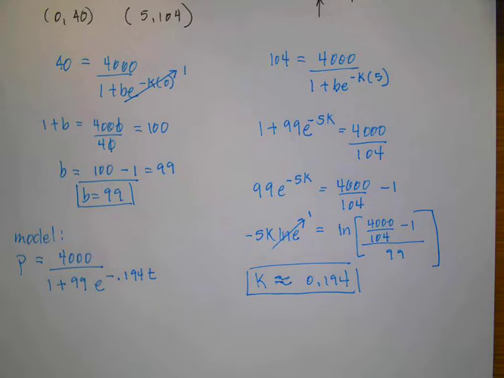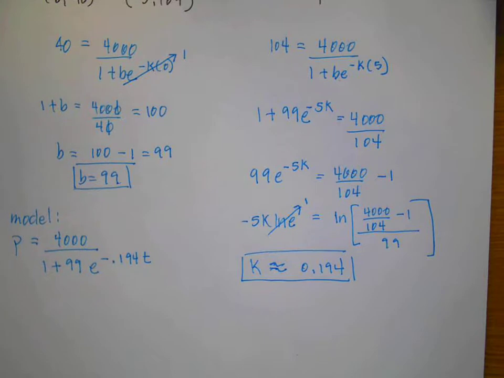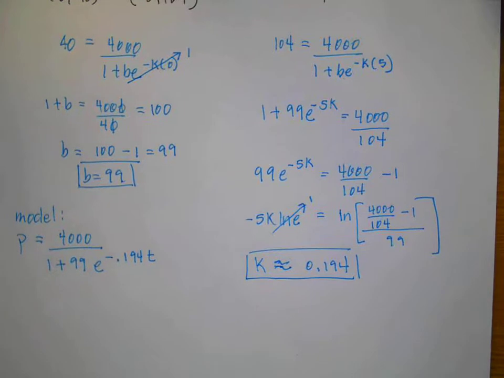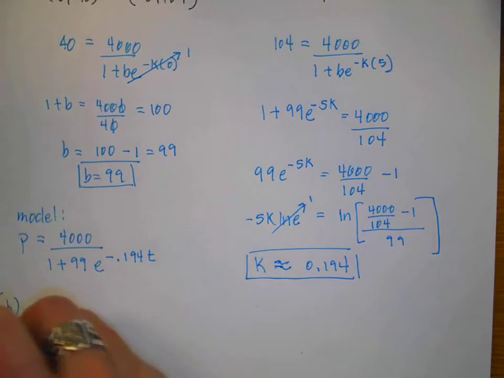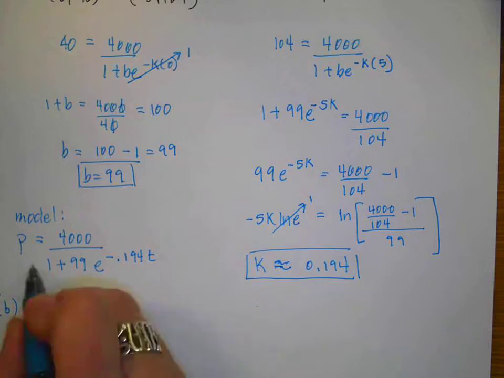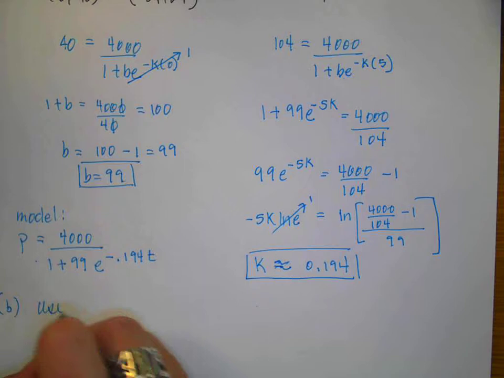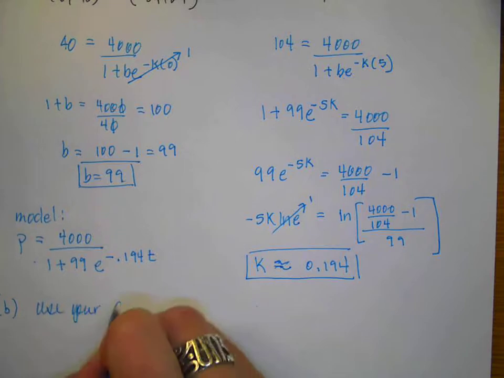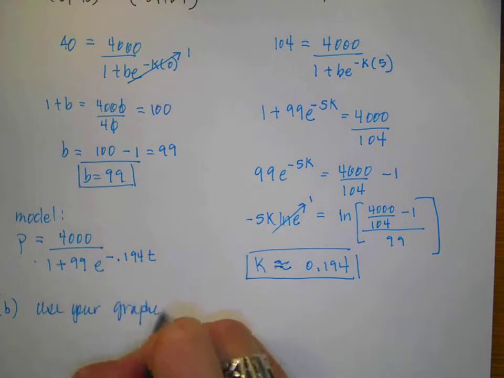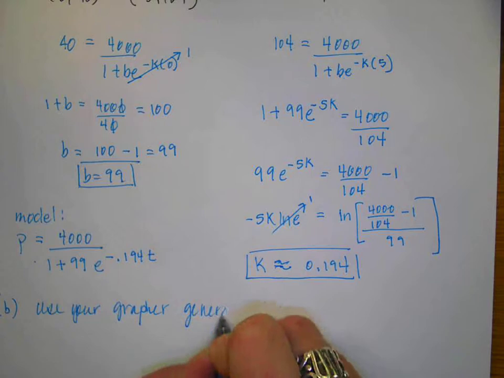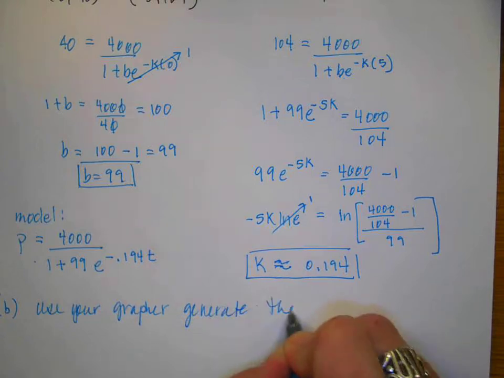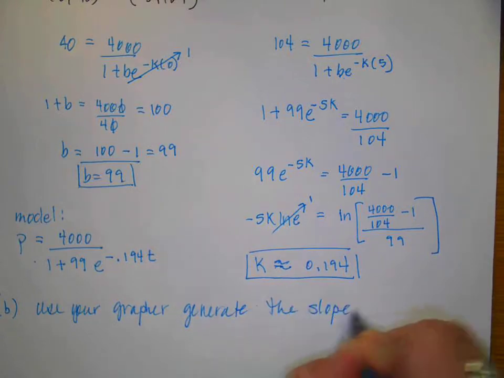The B part I'm actually not going to do because you guys are all brilliant and you have the slope field program in your calculator. So you are going to put this equation into your grapher, and then you're going to use your grapher to generate the slope field.